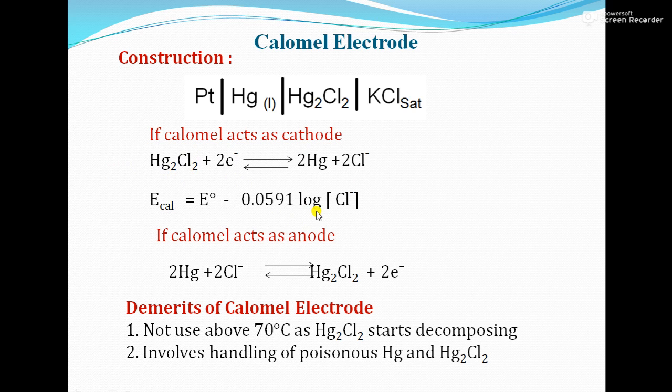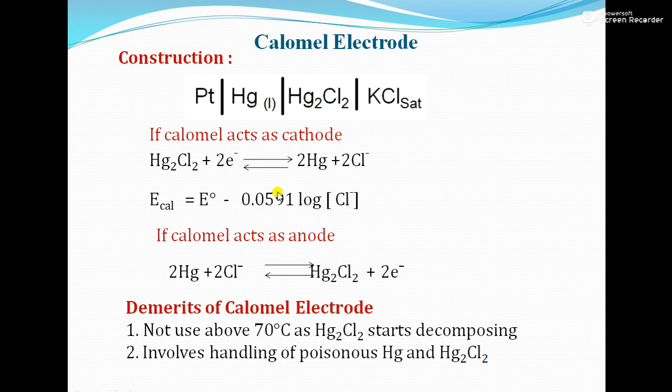So that is divided. So that will be your first equation. If calomel acts as an anode, that will be the second reaction. So these reactions are equal and opposite, and this formula will become E cell is equal to E0 cell minus 0.0591 log of 1 upon Cl minus.